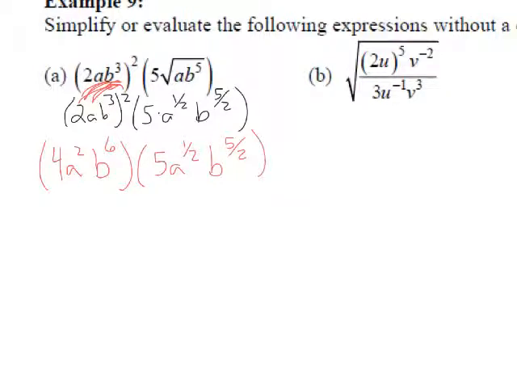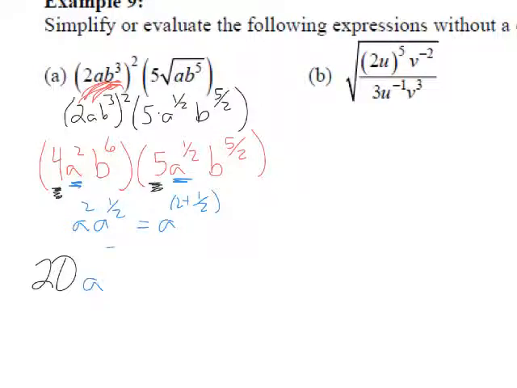And then we want to start combining like terms. So we have 4 times 5 is 20. Then we have a squared times a to the 1/2, which is the same as a to the 2 plus 1/2, which is a to the 4/2 plus 1/2, so a to the 5/2.